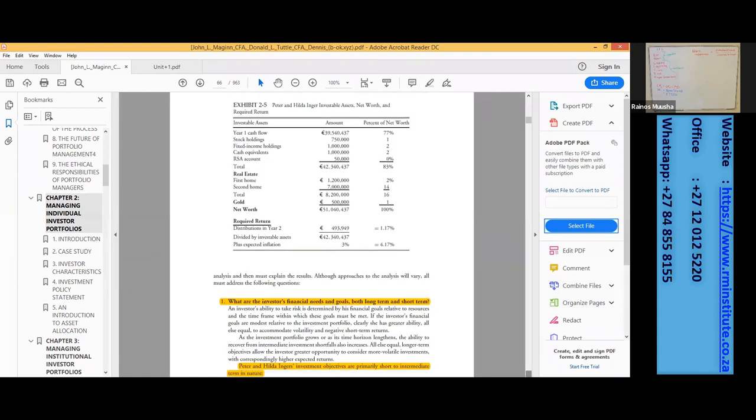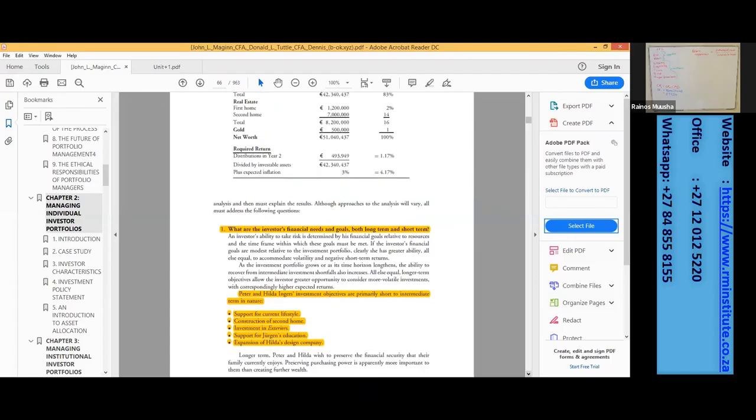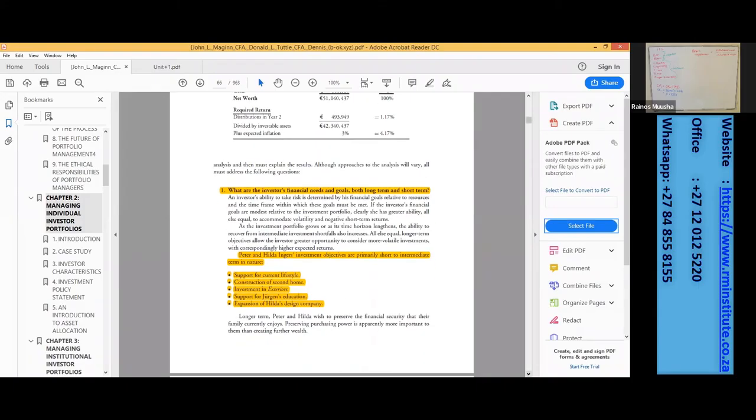If you look at these particular clients, they tell us that for Peter and Hilda Inga, investment objectives are primarily short to intermediate term in nature. So their investment objectives are basically to support their current lifestyle, construction of a second home, investment in exteriors, support of Jürgen's education, and expansion of Hilda's design company as well.